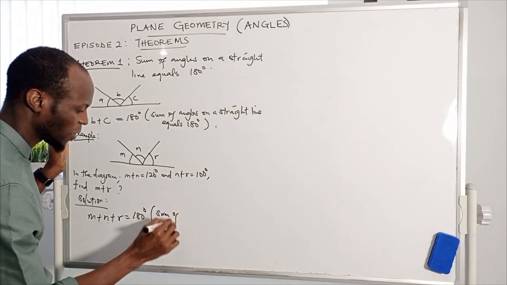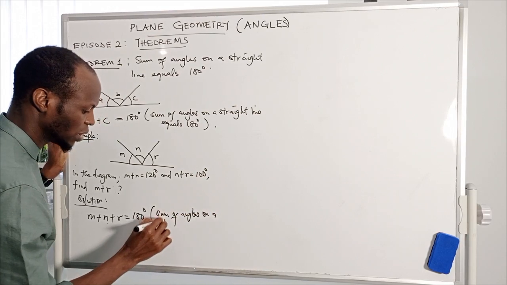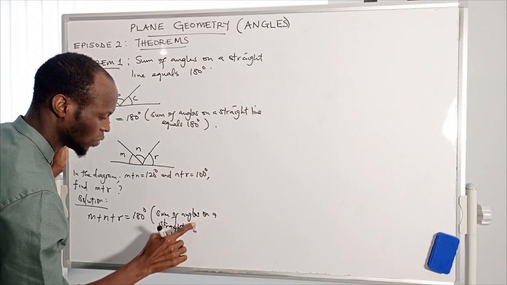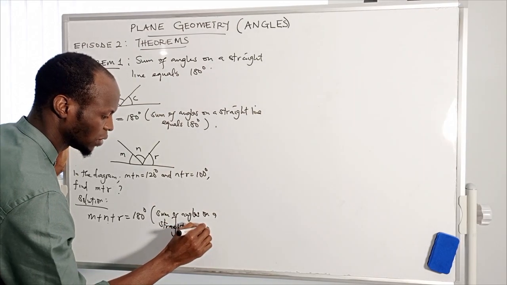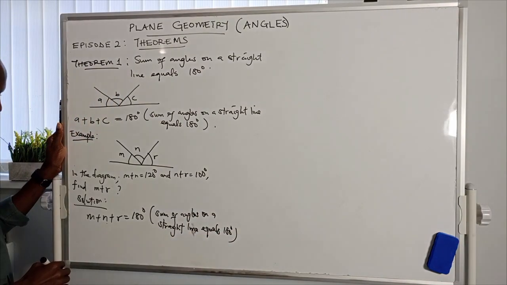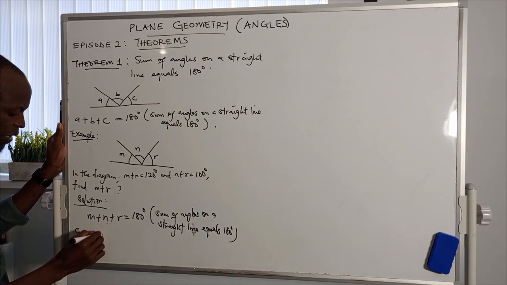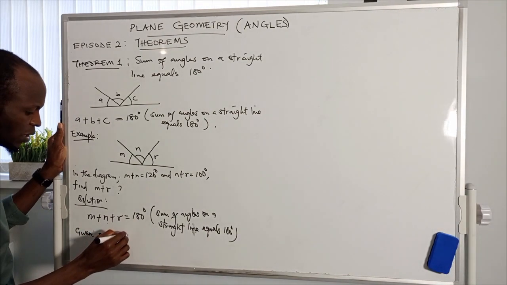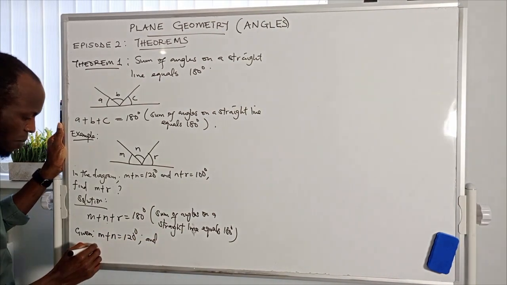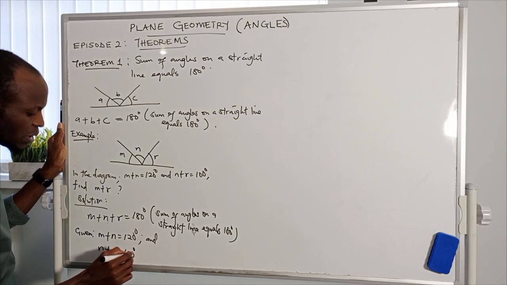Because the sum of angles on a straight line equals 180 degrees. And don't forget, we have been given that M plus N equals 120 degrees and N plus R equals 100 degrees.